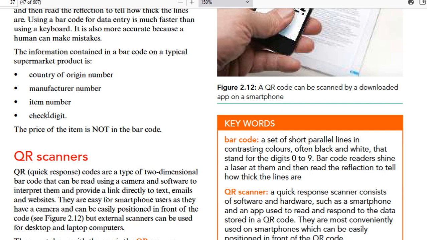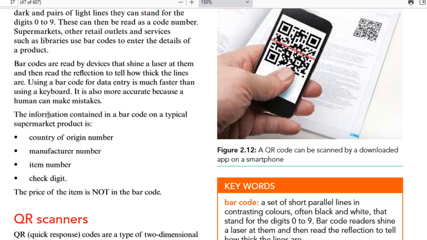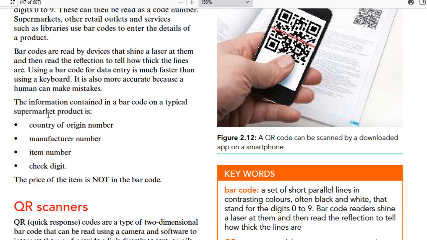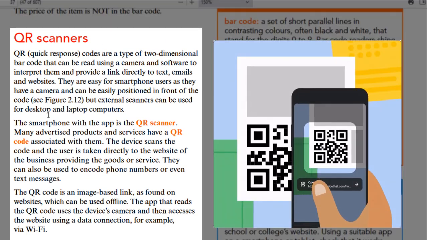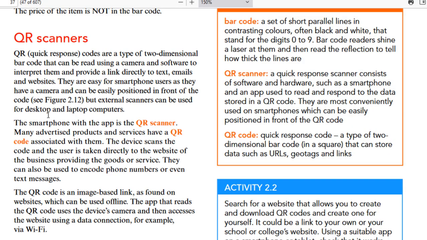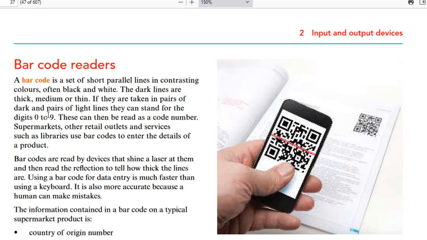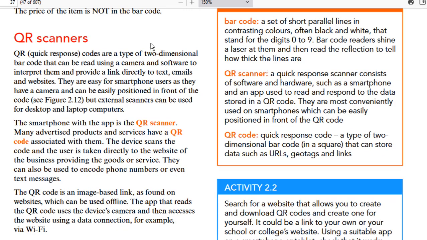Now the next one is the QR scanner, the one that you can see to the right side here in the picture. QR is short for quick response. Quick response codes are a type of two-dimensional barcode. It's not like the regular barcode here. It's two-dimensional, up and down, left and right.